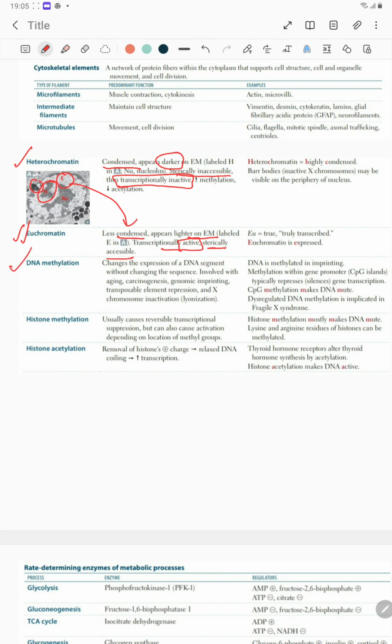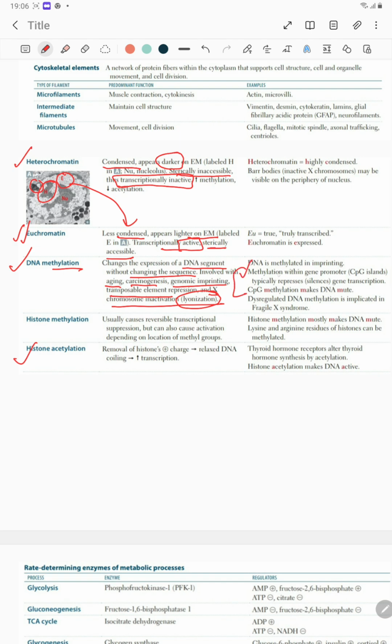Now DNA methylation and histone acetylation. DNA methylation changes the expression of a DNA segment without changing the sequence. It is involved in many conditions like aging, carcinogenesis, genomic imprinting, transposable elements repression, and X chromosome inactivation, which is called lyonization. DNA methylation always decreases the transcription rate, very important.